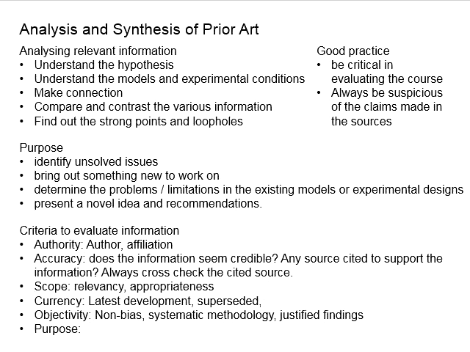Therefore, whenever we want to cite some facts and figures, we will need to first determine the credibility of that information. This is what is meant by accuracy. You may also evaluate in terms of scope, whether it is relevant or appropriate.